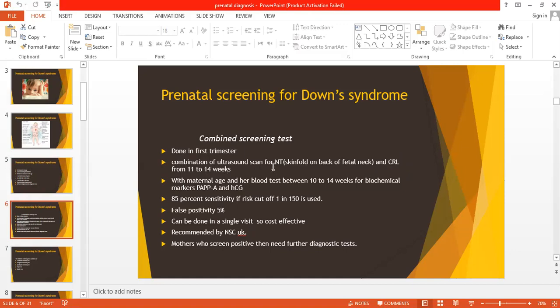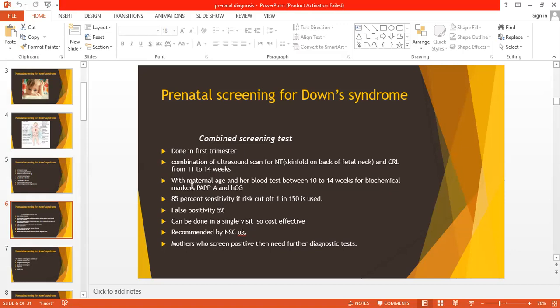So the components are, first you confirm the gestational age because this test is done from 11 to 14 weeks, by measuring the crown rump length. Then you measure the nuchal translucency, which is the skin fold thickness on the back of the fetal neck, and more than 3.5 mm is significant.